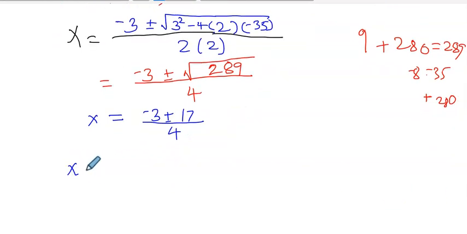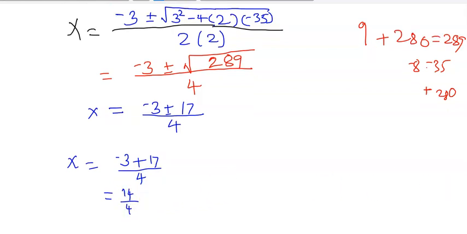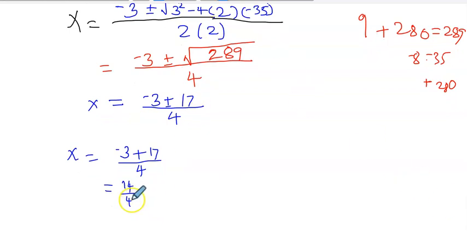Now in my next step, x is equal to negative 3 plus 17. Now I am breaking this plus or minus apart. Negative 3 plus 17, that is 17 minus 3 is 14, divided by 4, which is 2 times 7 divided by 2. So x is equal to 7 over 2 by taking the plus 17.